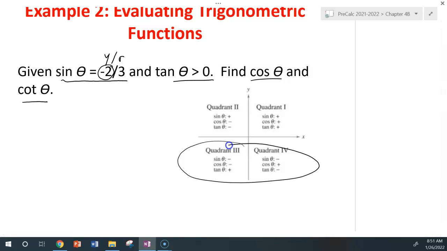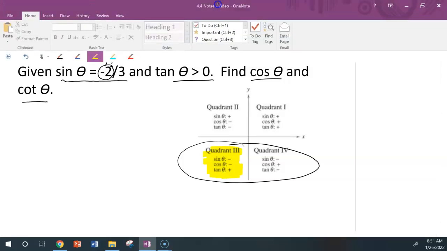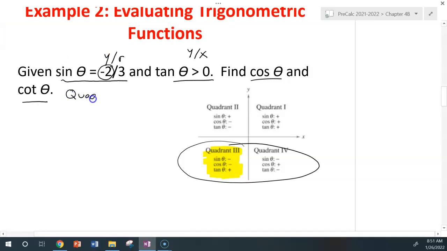We know that tangent is positive. Tangent is y over x. The only way I can get this to be positive, since y is already negative, is if x is negative as well. So that narrows it down to quadrant 3. If you look right here, you have the negative cosine because x is negative, which then results in a positive tangent. So quadrant 3 is where we're going to find our answer.